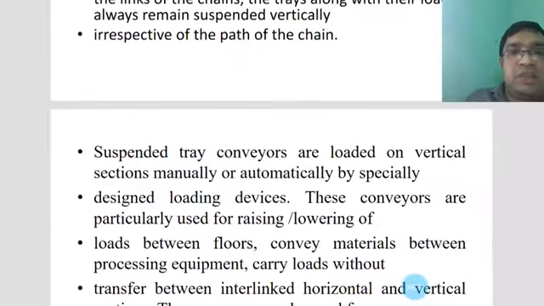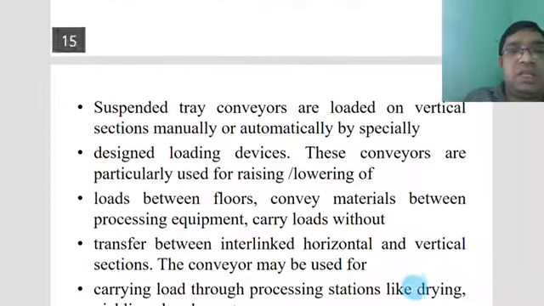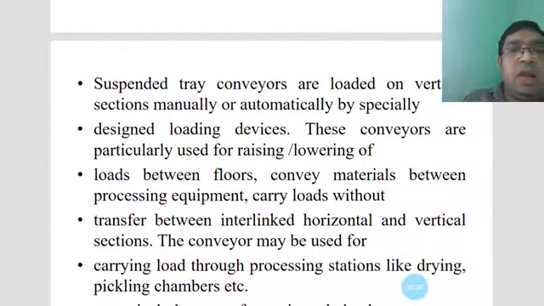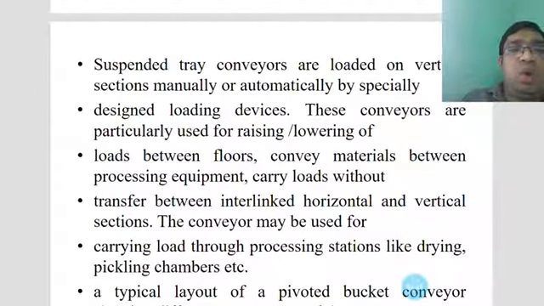The suspended tray conveyors are loaded on vertical sections manually or automatically by a specially designed loading device. These conveyors are particularly used for raising and lowering loads between floor conveyors, and for moving materials between processing equipment without transfer between the interlinked horizontal and vertical sections.